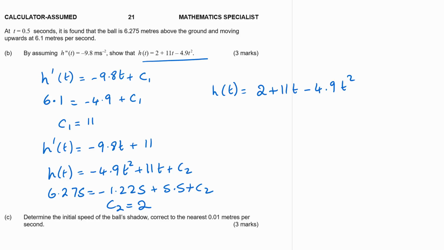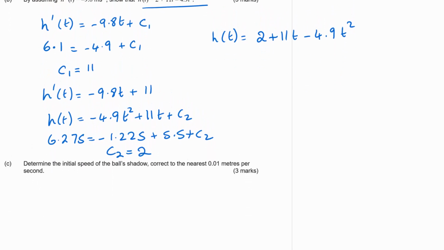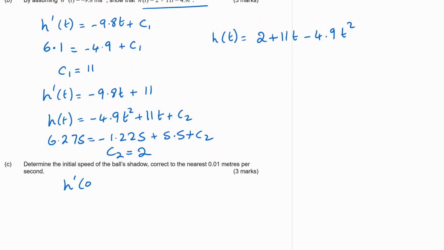Part C says, determine the initial speed of the ball's shadow correct to the nearest 0.01 meters per second. So, h dashed of 0 is equal to 11, h of 0 is equal to 2, and that's just coming from the formulas that we have here and here.